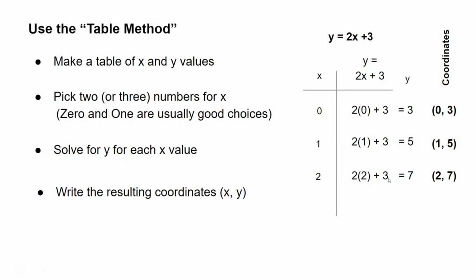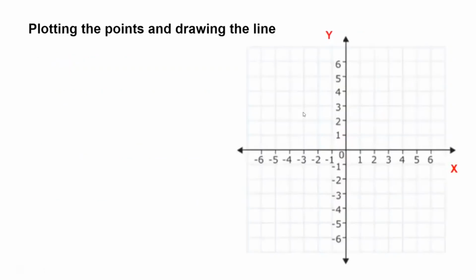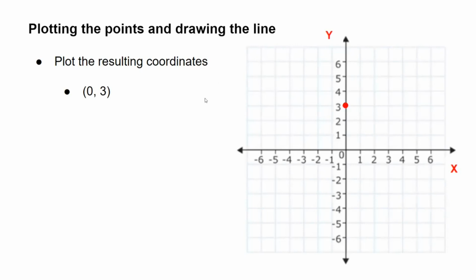Now that we found our coordinates, we're going to move over to our coordinate plane and plot those resulting coordinates. There is (0, 3). X is 0, y is 3. We plot that point. Next point. X is 1, y is 5.